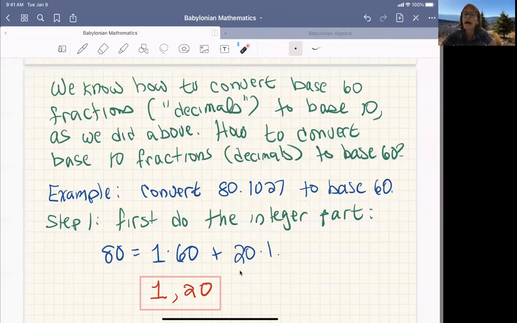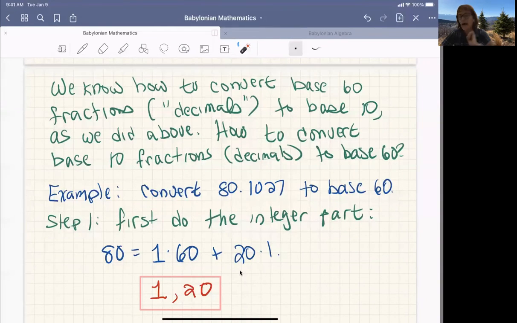So we learned how to do that last time. But the bottom line is that 80 is a pretty simple number to work with because 80 is 1 times 60 plus 20 times 1. Remember, these are both powers of 60. This is 60 to the 0, and this is 60 to the 1.